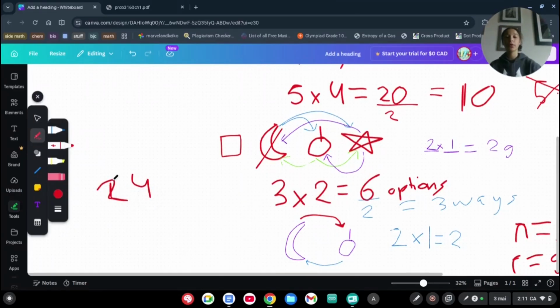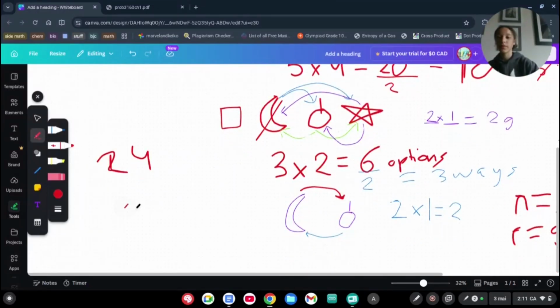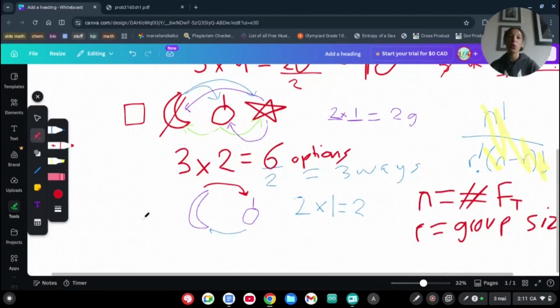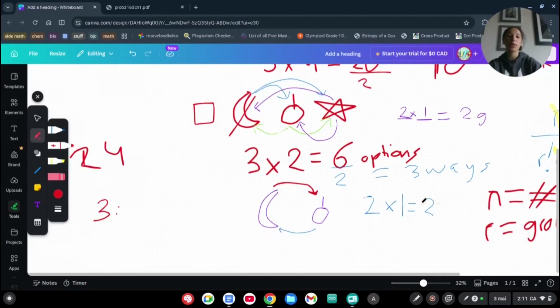For each group of 3, I want to know how many ways can I overcount that. And of course, just logically, I have 3 people. That's the reason why the group size is 3. The group size depends on the number of elements. Total elements becomes the number in the group.